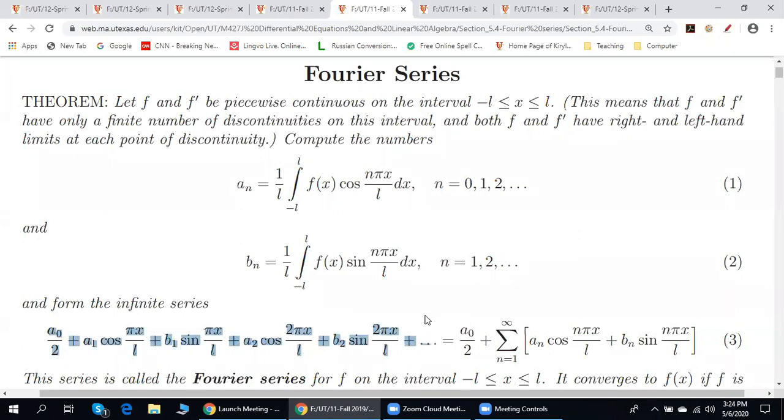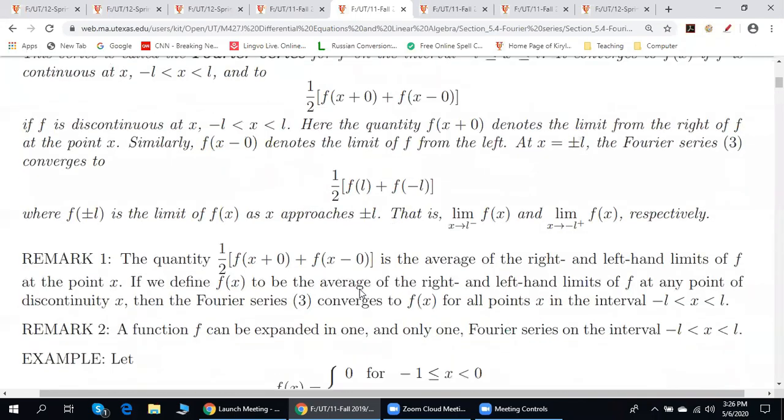Step 2, multiply both sides of this expression by cosine of n pi x over L, and then integrate both parts. You will see that almost all terms are equal to 0. If we simplify the remaining expression, we will get this. Did I answer your question? Yeah, thank you.